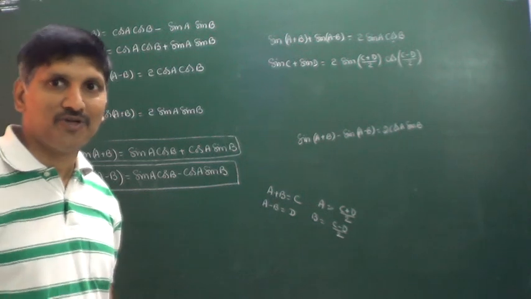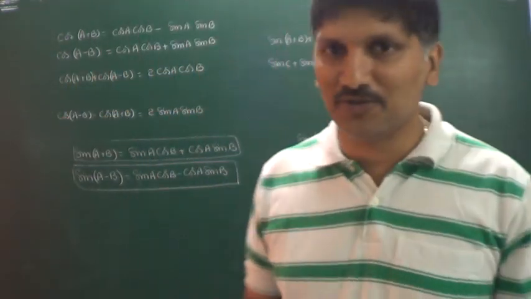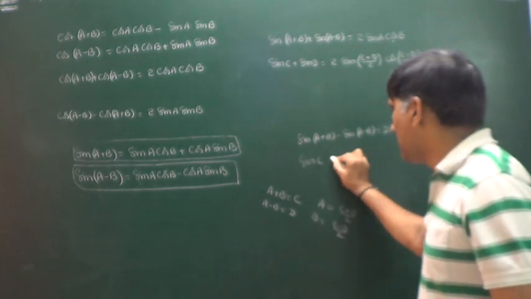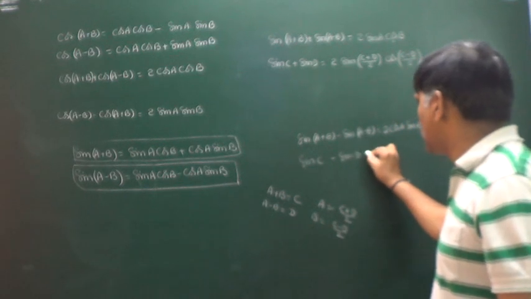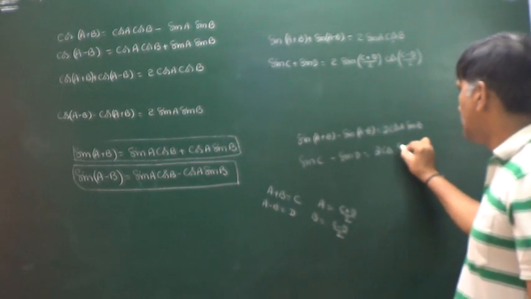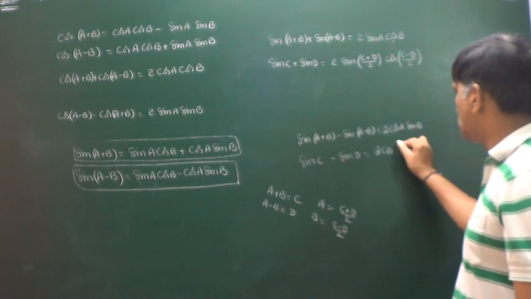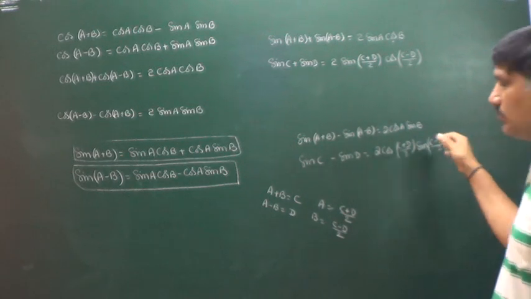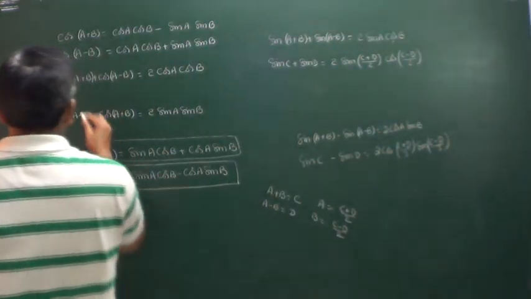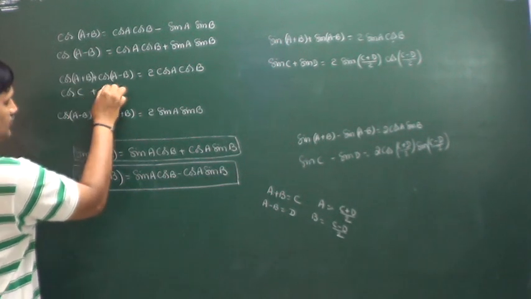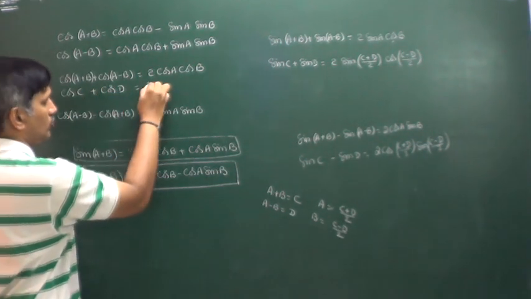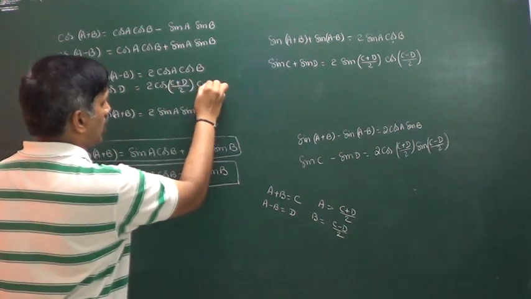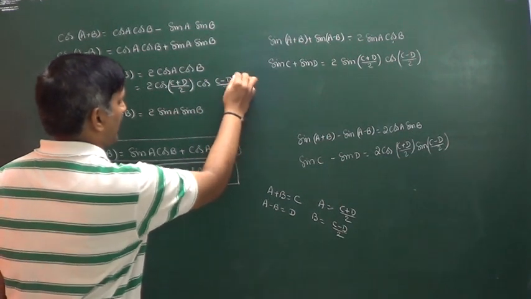Sin C + sin D is equal to 2 sin((C+D)/2) cos((C-D)/2). Observe. Next, sin C - sin D is equal to 2 cos((C+D)/2) sin((C-D)/2). Right? Similarly here also, cos C + cos D is equal to 2 cos((C+D)/2) cos((C-D)/2).